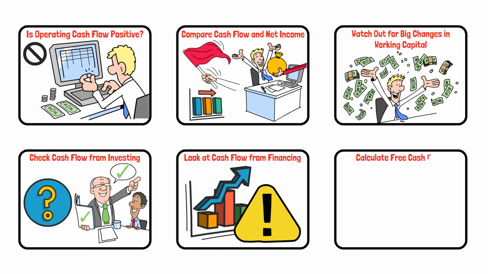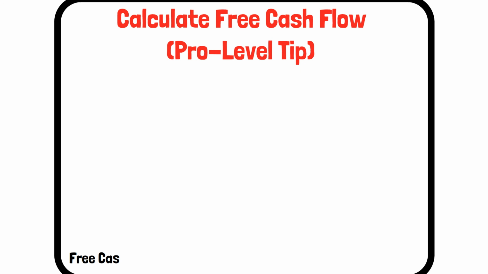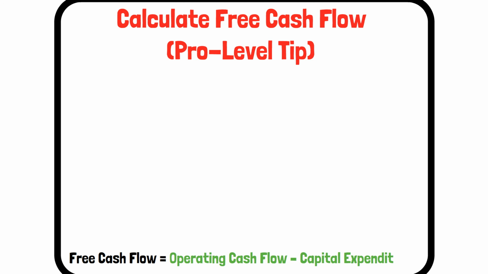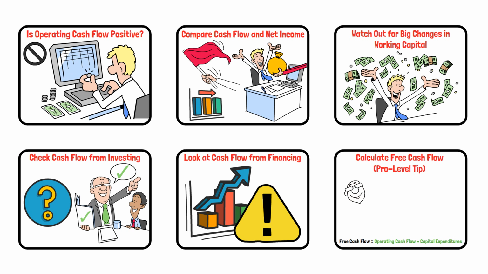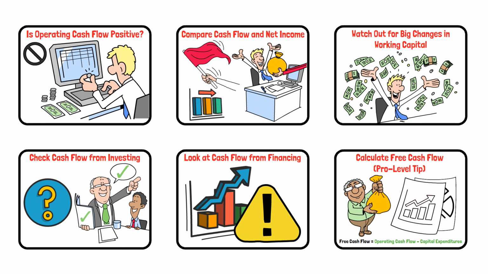Calculate free cash flow. Now, this is a pro-level tip. Free cash flow equals operating cash flow minus your capital expenditures. Free cash flow tells you how much real cash is available after keeping the business running. Perfect for evaluating a company's health or dividend potential.